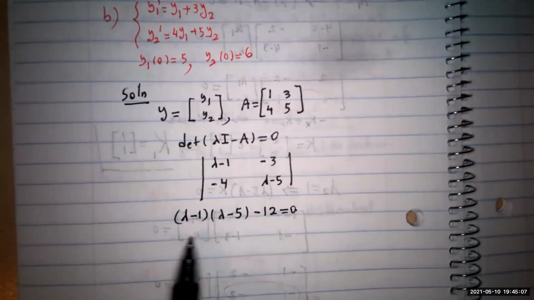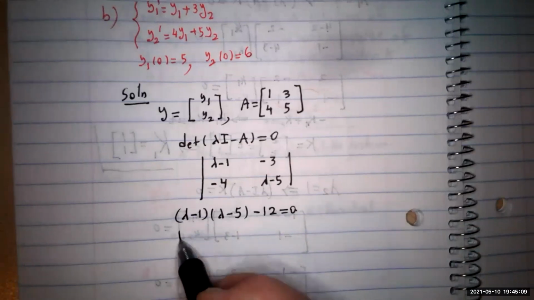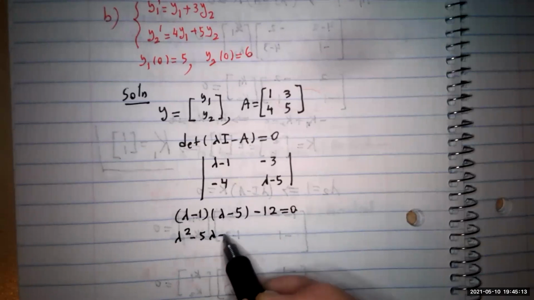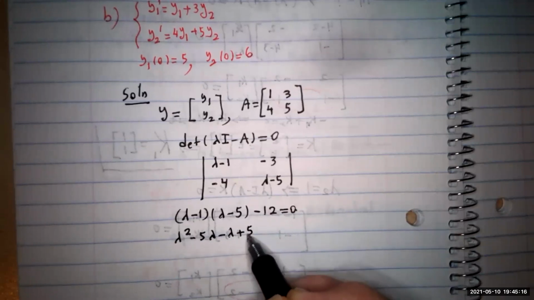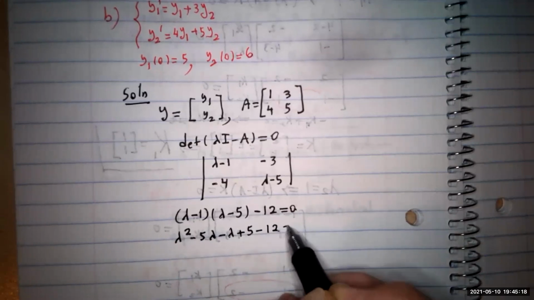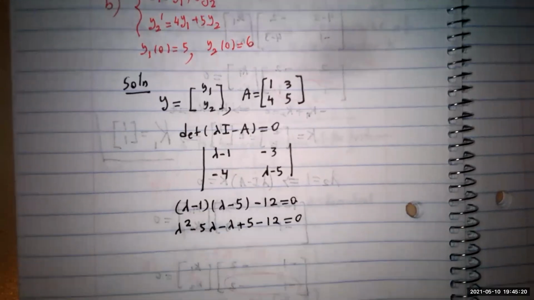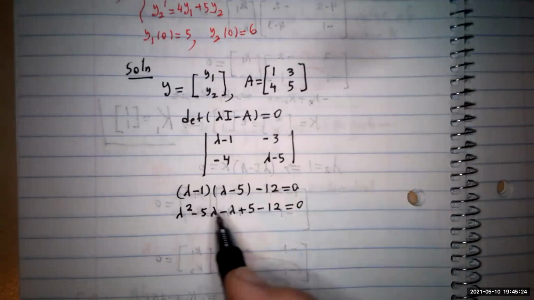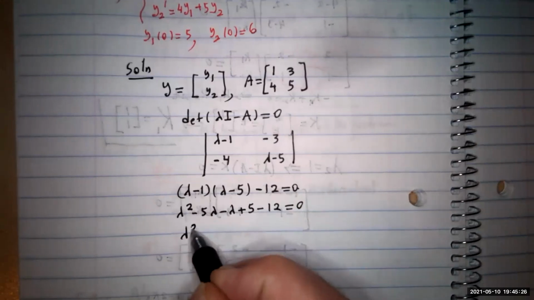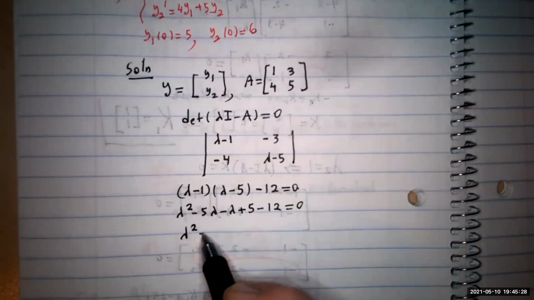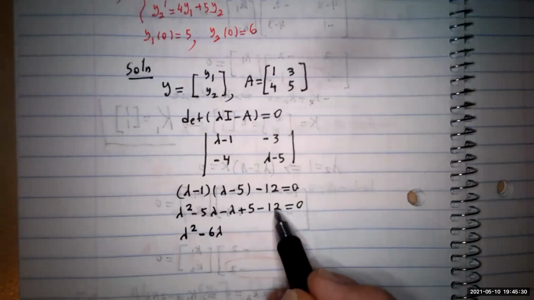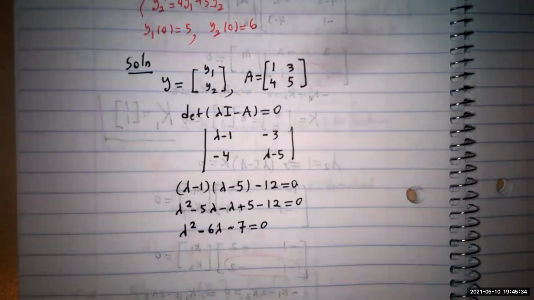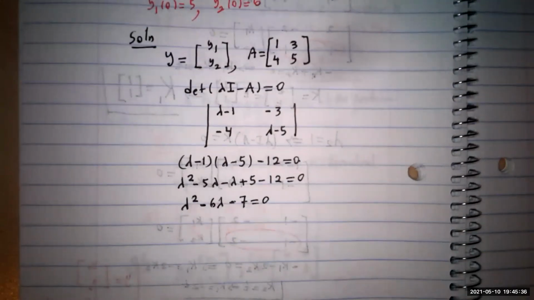Okay, foil it. If we did that, it gives lambda squared minus 5 lambda minus lambda plus 5 minus 12 equal to 0. So this is going to be lambda squared minus 6 lambda minus 7 equal to 0.